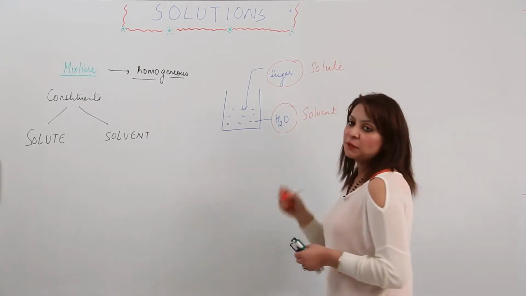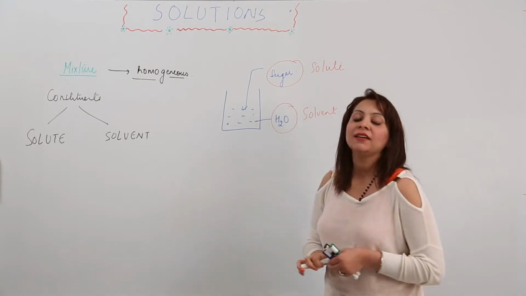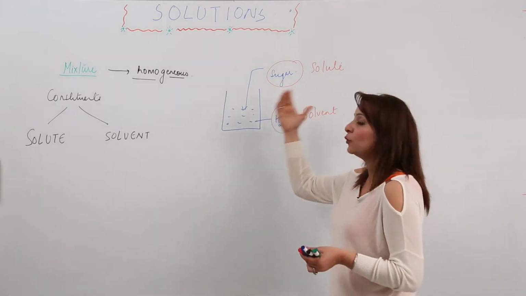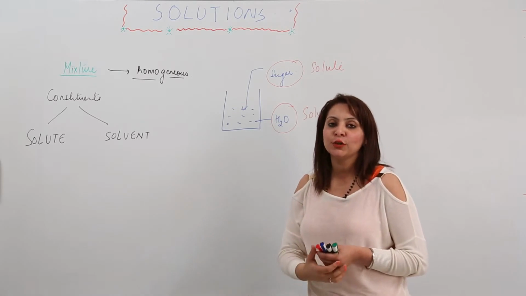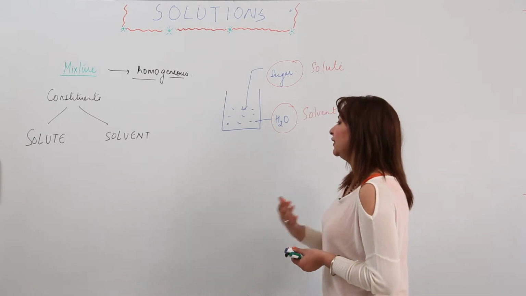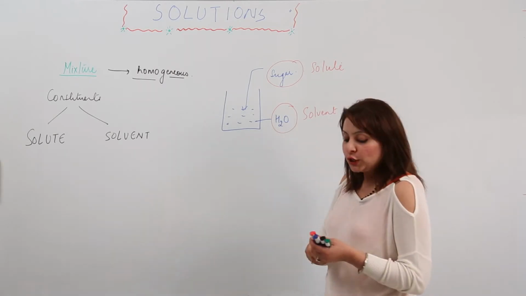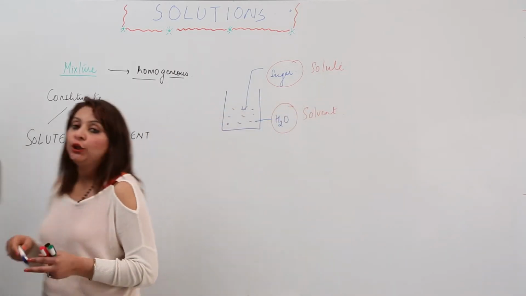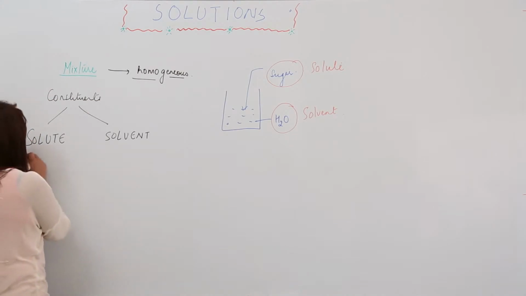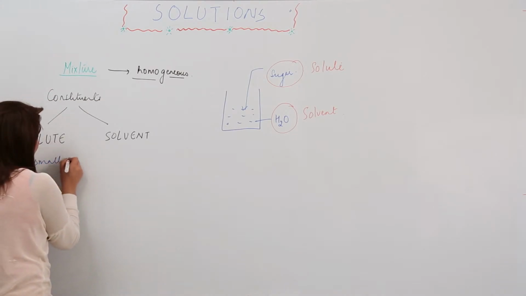Now, the question must be striking in your mind: what characteristics are fulfilled by the sugar that it comes under the category of solute, and what characteristics are fulfilled by the water that it falls under the category of solvent? So I must tell you that solute is a substance which is present in small quantity.